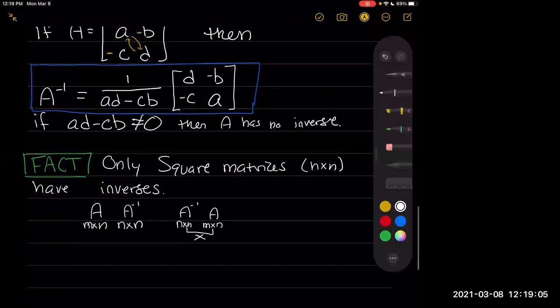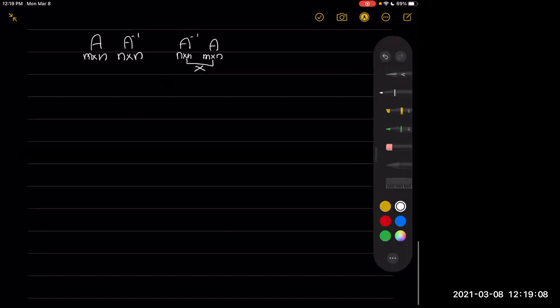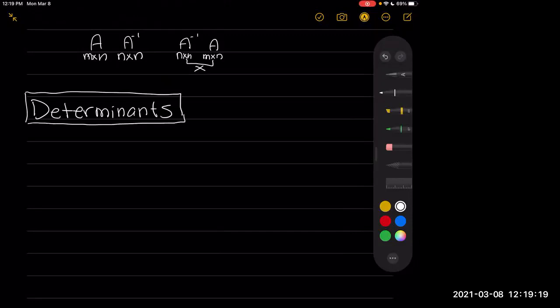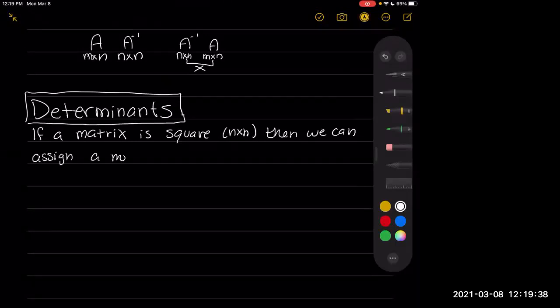Okay, so moving on, we're going to talk about the determinant. If a matrix is square, or n by n, then we can assign a number to it called its determinant.